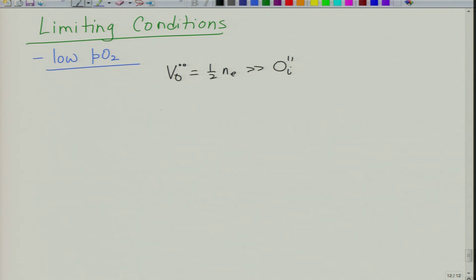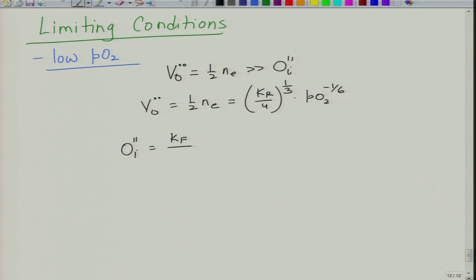So, we can write, we have just written that VO is equal to half Ne, this is equal to Kr divided by 4 to the power 1 over 3 into P to the power minus 1 over 6. This is how we determined. Now, OI is nothing but Kf divided by VO, all right.